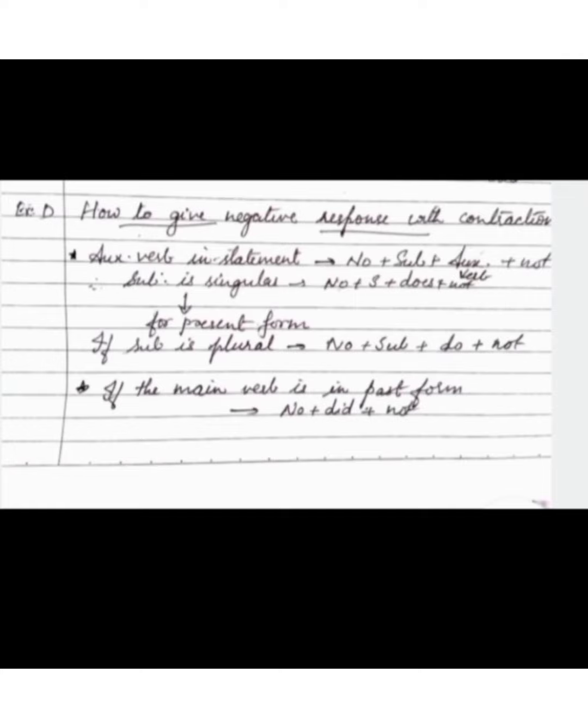If the subject is singular and it is in present form, how will we respond? No plus subject plus does not. And if the subject is plural, our response will be no plus subject plus do not. Okay, and if the verb is in past form, no plus did plus not.